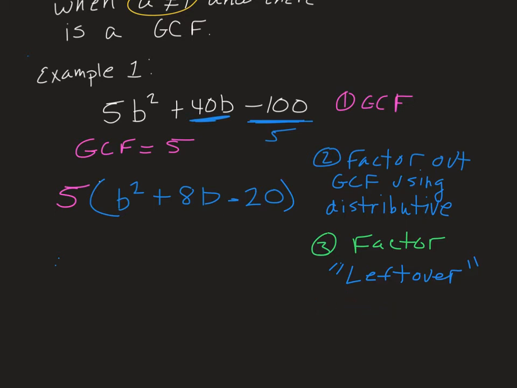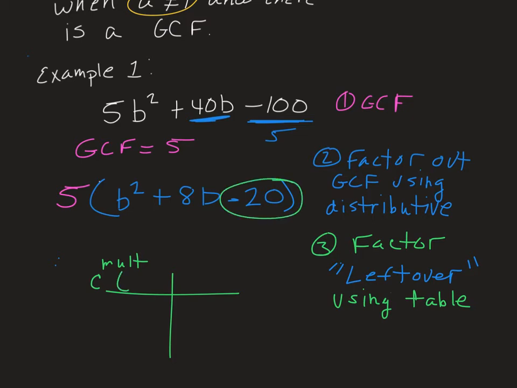And remember the table method is I need to figure out what can I multiply to get C. So in this case, C is going to be negative 20, that I can add in order to get B. So in that case, that's going to be 8.